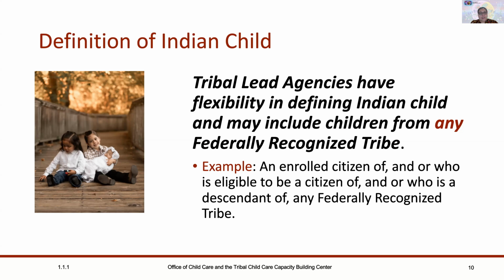Tribal aid agencies can also include children from other tribes in their definition of Indian child if the tribes are federally recognized. We also wanted to share that the tribe's definition of Indian child can vary from its specific tribal citizenship or enrollment criteria, but must be children from a federally recognized Indian tribe.